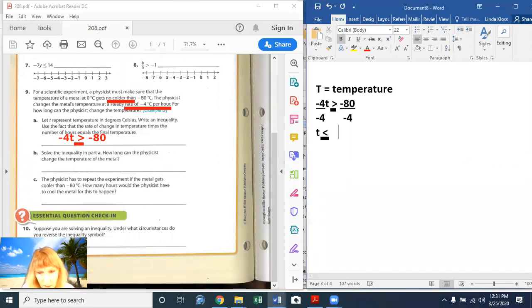What's negative 80 divided by negative 4? Positive 20. Right? So how long can the physicist change the temperature of the metal? The answer is 20 or fewer hours.